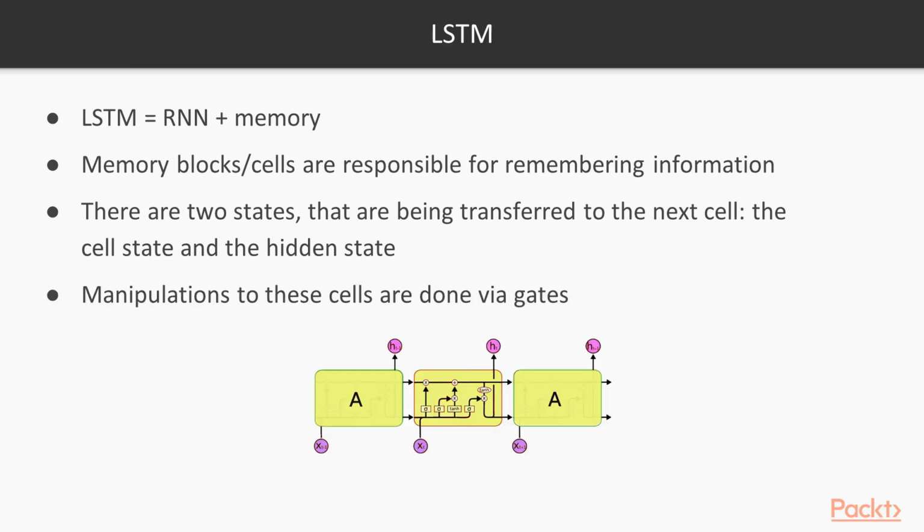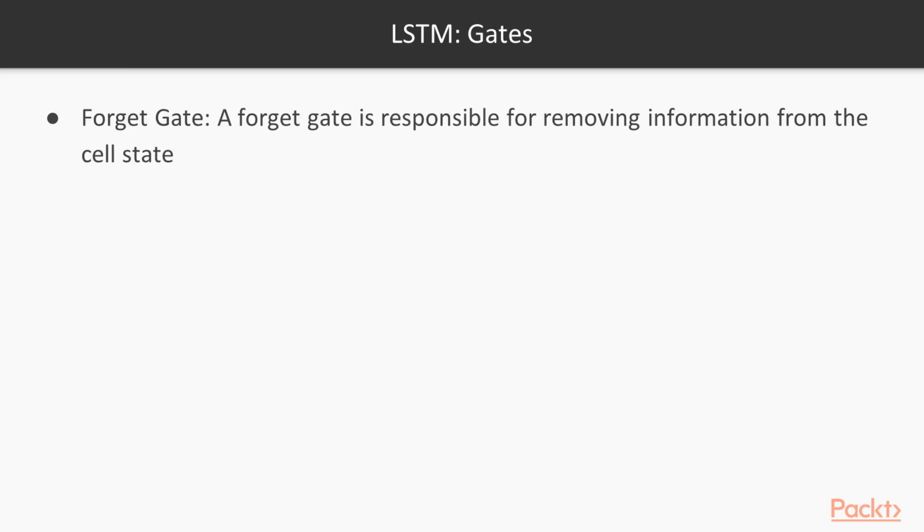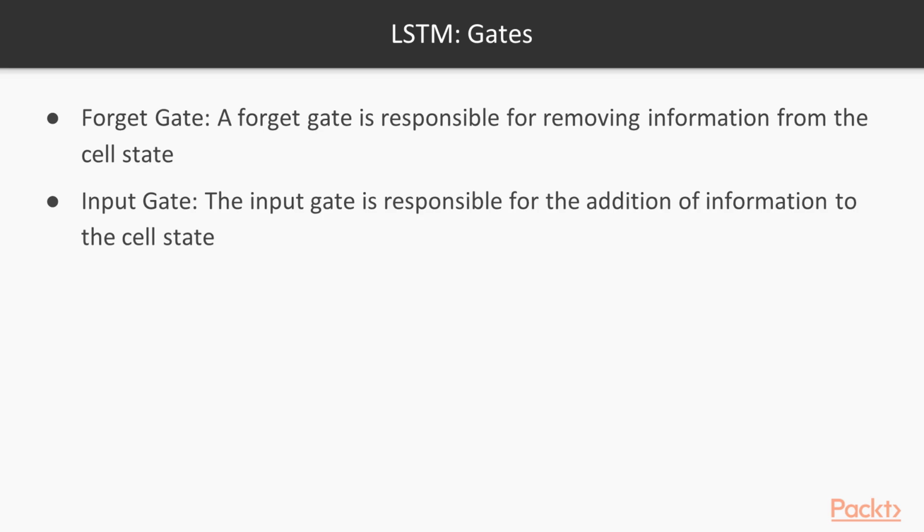Manipulations to the cell happen through gates, and there are a number of gates. One of the gates is the forget gate. Suppose you have captured a long sequence and now you decide that it's enough and you want to delete information from the cell state. The forget gate is responsible for removing information from the cell state.